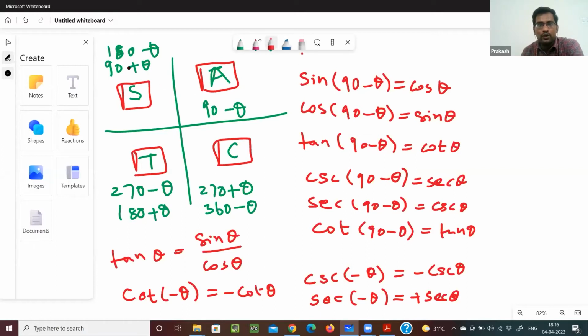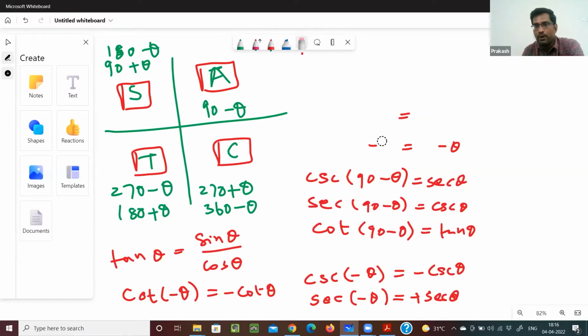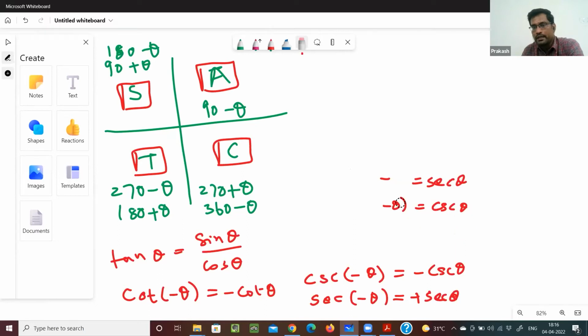Next, also in the second quadrant we can write 180 minus theta, or otherwise sine of 90 plus theta we can write. These are very simple identities, but we need to use them for evaluating the integral.